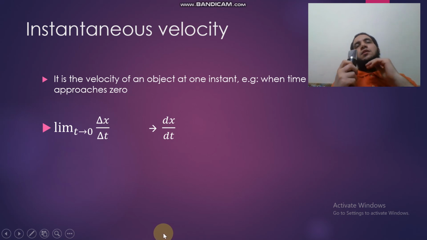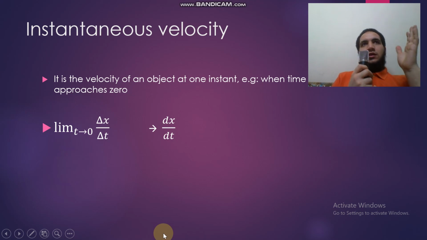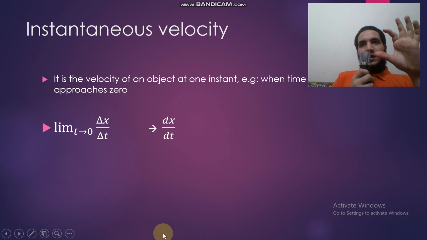You get the velocity from the difference in displacement over the difference in time. So if you have a difference in time equal to 0, by default you'll have a difference in displacement equal to 0, because you want to know the displacement at this time, and of course it will be a still image.